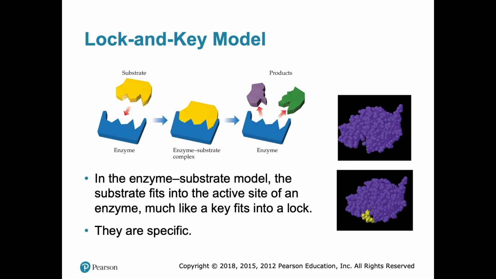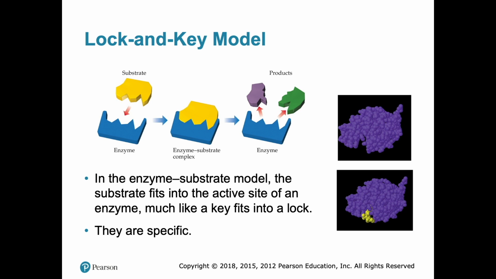Very simplistically, it has a place that's perfectly suited for the substrate to enter. Remember, the substrates are the reactants. When the substrate enters the active site, the enzyme will conform it and move it around and change it so that the environment around it makes the substrate more likely to react and become something else. That's called the enzyme substrate complex.